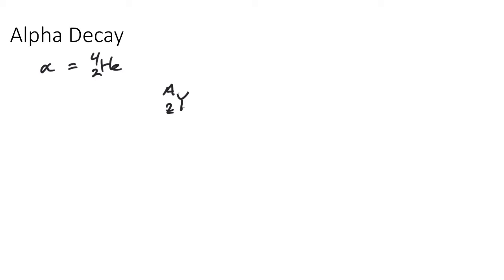Some arbitrary element Y with some Z and some A can go to some other element, call it Y prime, with A minus 4 and Z minus 2, plus the alpha particle, 4 and 2. So the Z's add up, the A's add up.